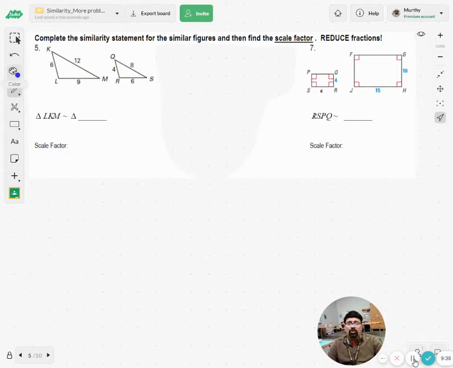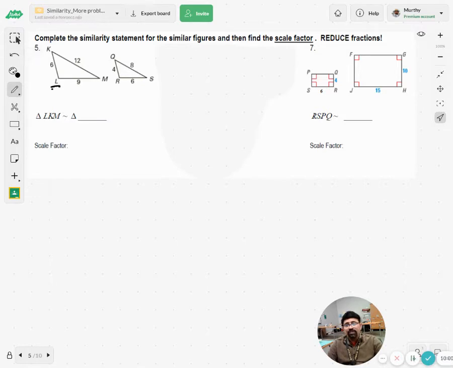Please don't be in a hurry to write like A, B, C, P, Q, or something like alphabetical order. At times we may not follow it. Don't think of triangle L, K, M and Q, R, S, because in alphabets Q comes first, then R, then S. It's not like that.